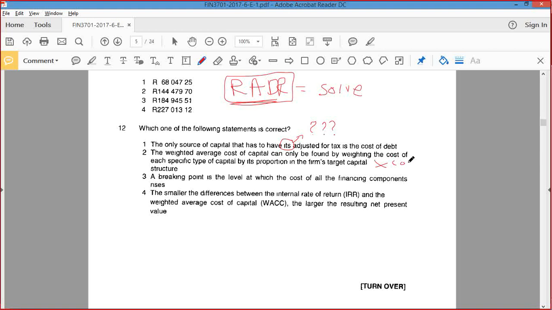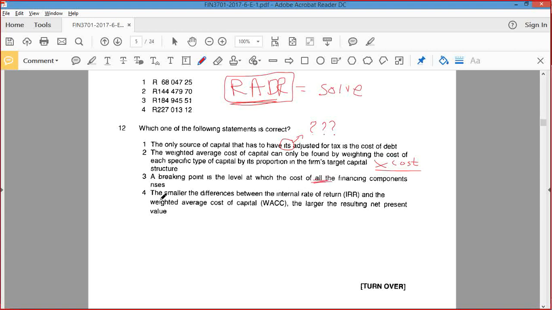Weighting times cost, weighting times cost, weighting times cost. They're forgetting about the cost side. A breaking point is the level at which the cost of all the financing components rises. It's not all, it's the individual ones, so that's out.